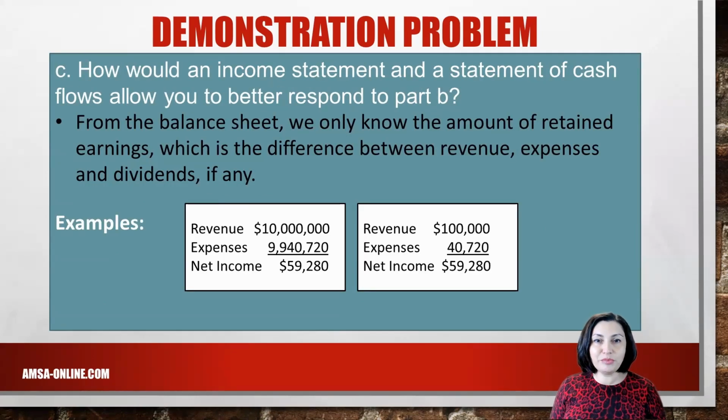Now let's look at part C of the assignment. The question we have to answer is as follows. How would an income statement and a statement of cash flows allow you to better respond to part B? Investors are very interested in the company's profitability.